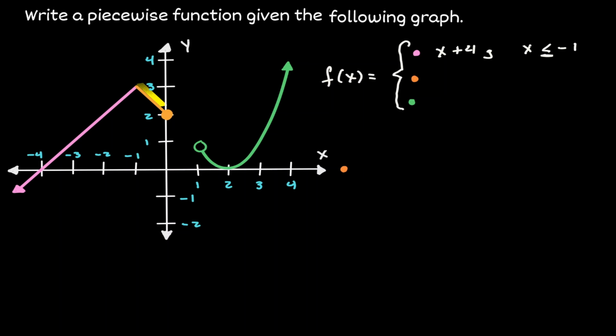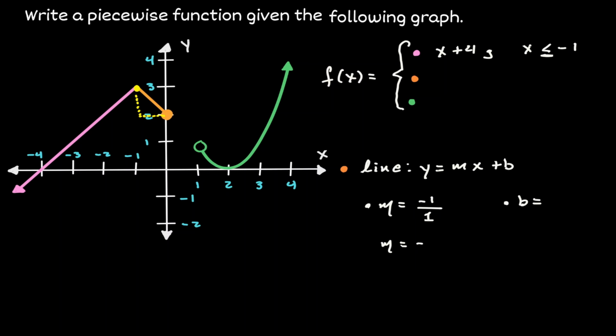So this section in orange is another straight line, so we will have the form of y equals mx plus b. Well, let's figure out the value of the slope and the value of the y-intercept. If I choose one point, notice that if I go 1 unit down and 1 unit to the right, we are going to get another point in this line. So here the value of our rise is -1, and the value of our run is +1.